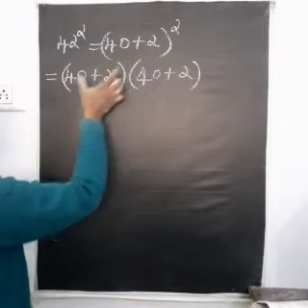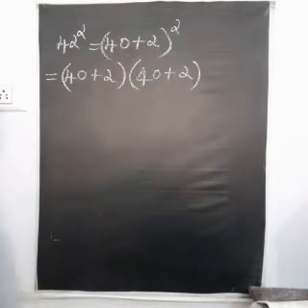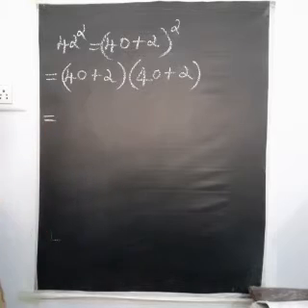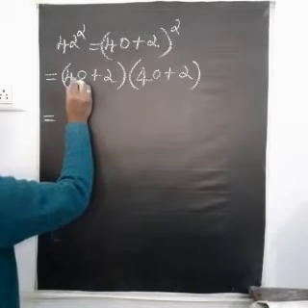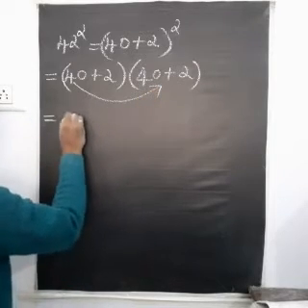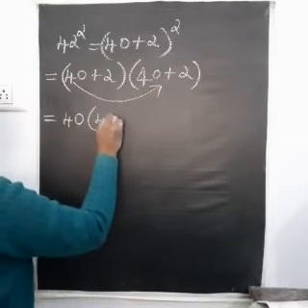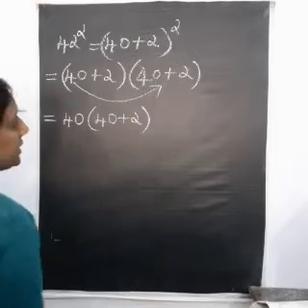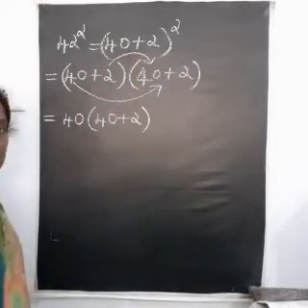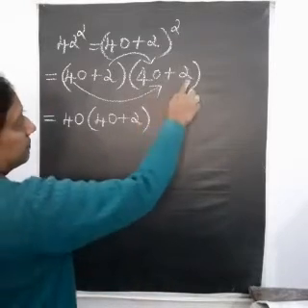Square meaning this term and the same term once again. So now I am going to use the distributive property. The first number has to be multiplied by the whole term, that is 40 into 40 plus 2. And the second number has to be multiplied by the whole 40 plus 2.